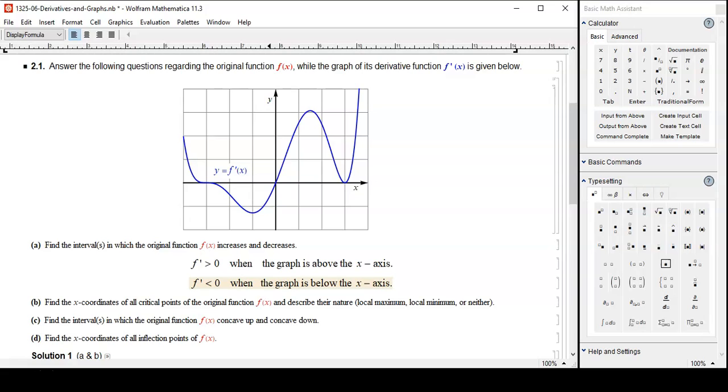Likewise, we can say things like this. Derivative is negative when the graph here, because this is a graph of the derivative function, is below the x-axis, down here. But then again, what do you mean by derivative is positive?